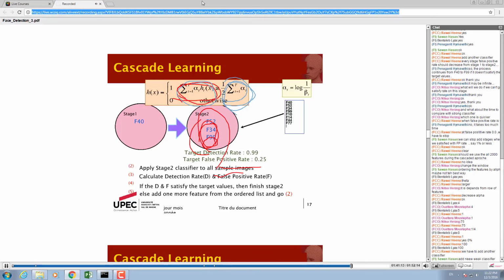At step 4, we said, if D and F are satisfied. So these are 2 steps. Once we adjust the threshold and satisfy D first, we then look at F. Finally, we check the false positive rate to see if it satisfies the target number. Then stop. If it doesn't satisfy the target number, then add more features in this loop.